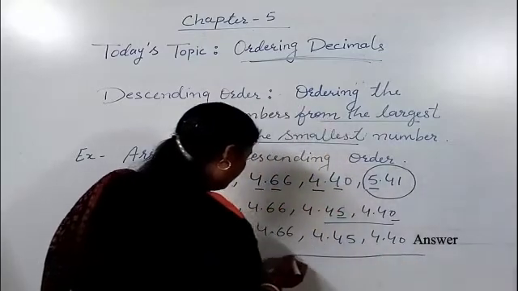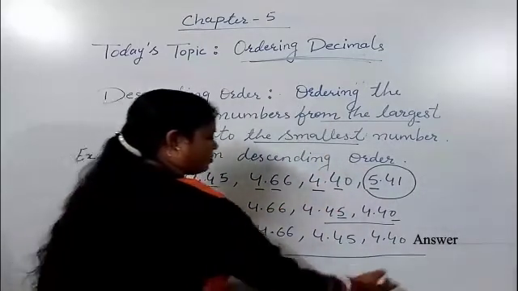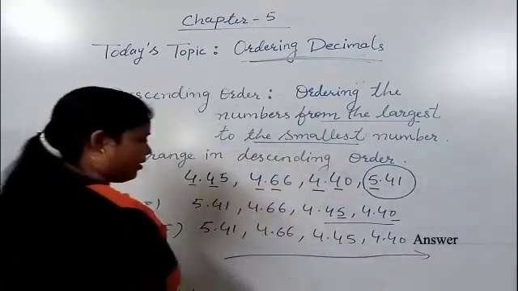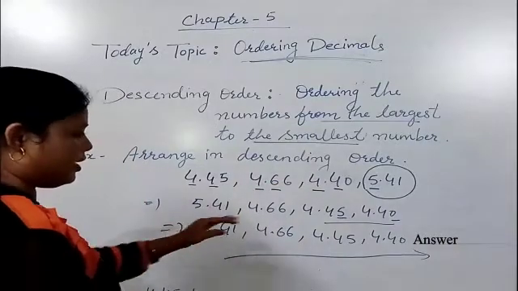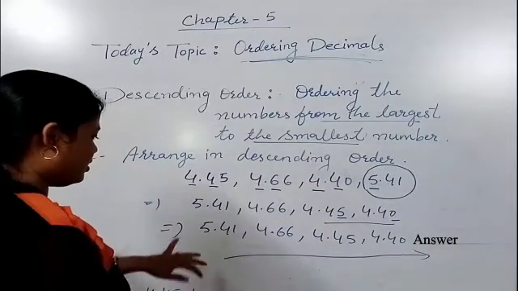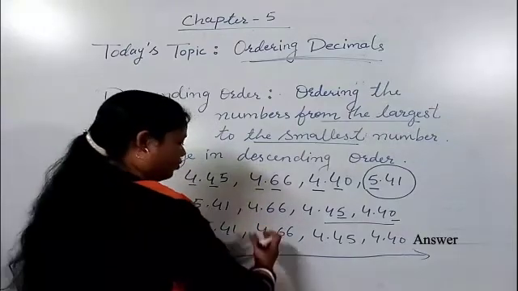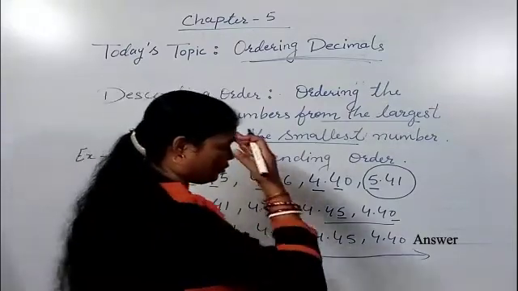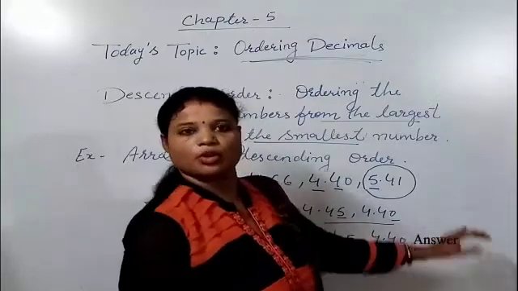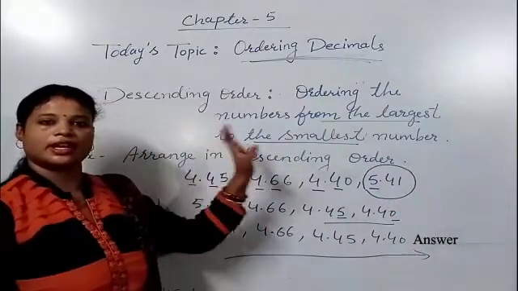So these numbers are arranged in descending order. All these numbers 5.41, 4.66, 4.45, 4.40 are arranged in descending order.